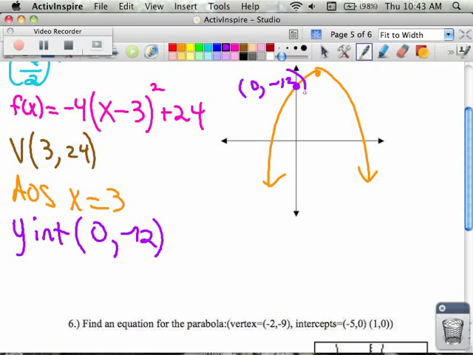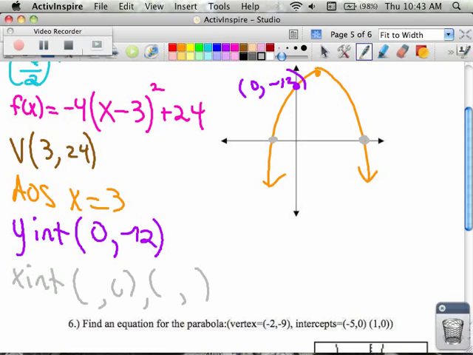Now the other thing I need to find are my x-intercepts. Now my x-intercepts are a little bit more challenging than my y because this is where the y value is 0. So what I'm looking for, oh look, there's probably 2 of them, right? Because it's opening down. So for my x-intercepts, I need to find both of them. There are 2.